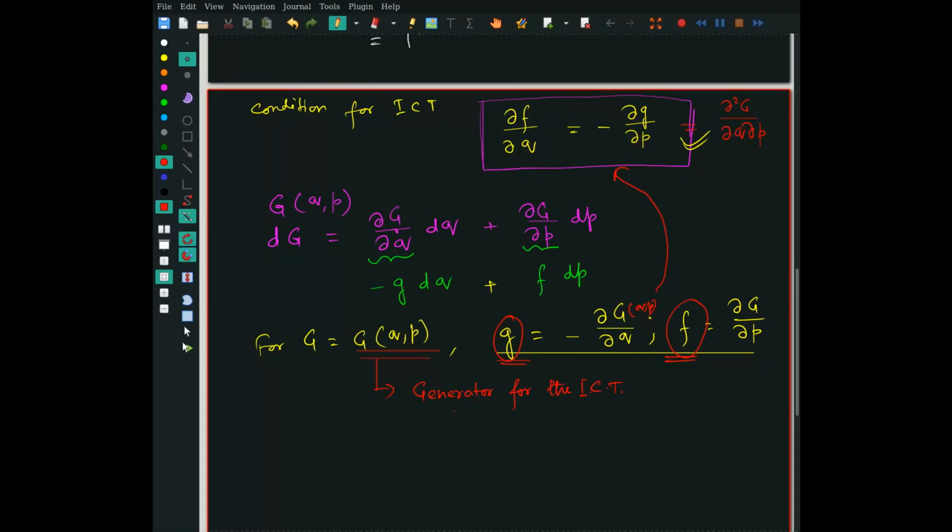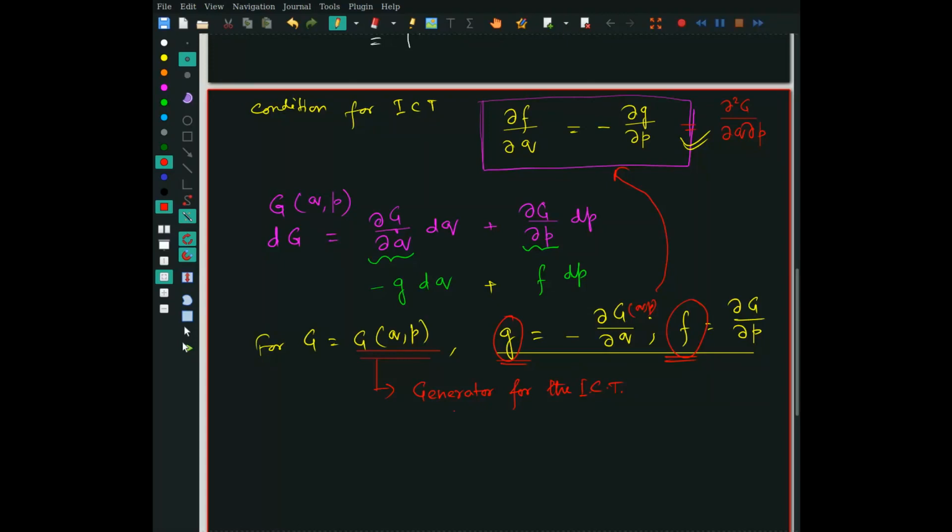Now, I don't know if you have noted this term generator in either your quantum mechanics course or your mathematical methods course. Did the discussion on group theory start in the mathematical methods course? Maybe continuous group generators. Did you hear? Yes, sir. Today only sir was teaching this generator.